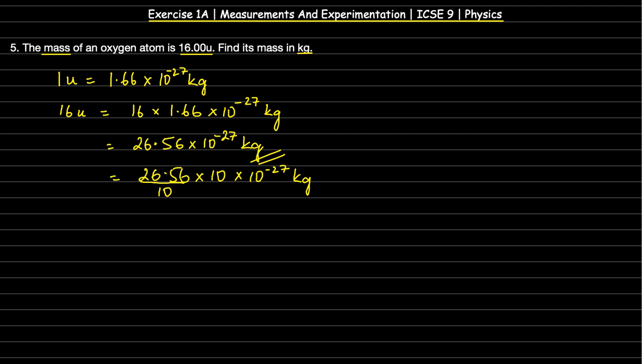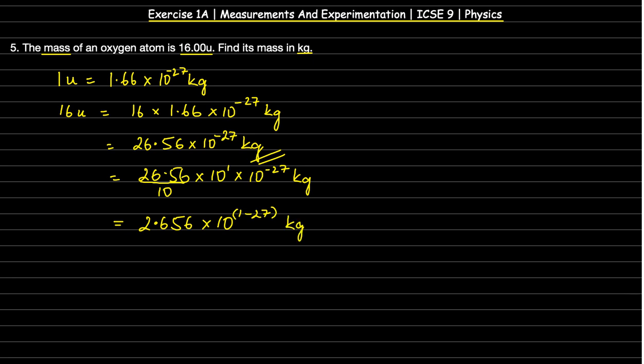Now this 10 in the denominator goes for converting 26.56 to 2.656, into this 10 here can be written as 10 to the power of plus 1. So 10 to the power of 1 minus 27, and it will be in kg.